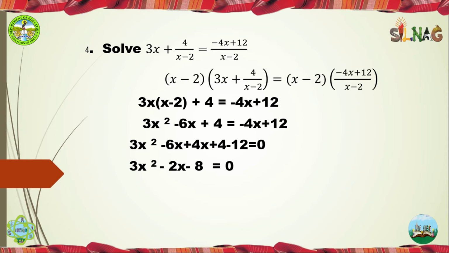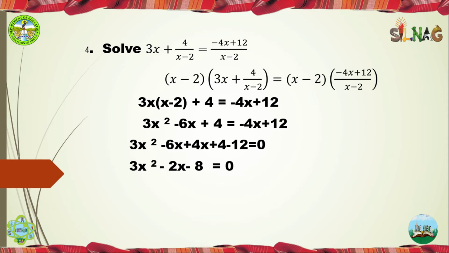So it is equal to 1 times the numerator negative 4x plus 12 is negative 4x plus 12. Then 3x times x is 3x squared. 3x times negative 2 is negative 6x plus 4 is equal to negative 4x plus 12.